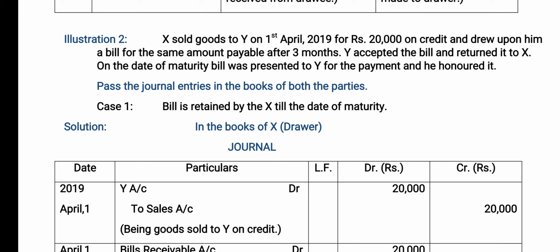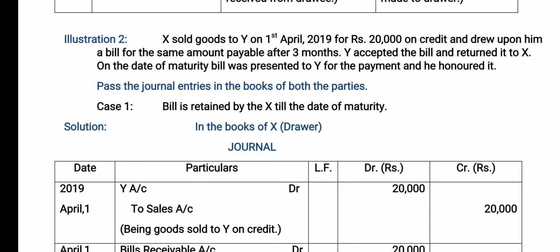So from 1st April, 3 months, April to May, May to June, June to July, it will be payable on 1st July 2019, but we are going to add 3 more grace days. So by adding 3 grace days, it becomes 4th July 2019. So the date of maturity is 4th July 2019.